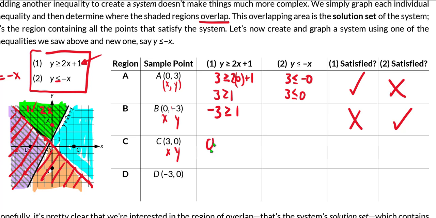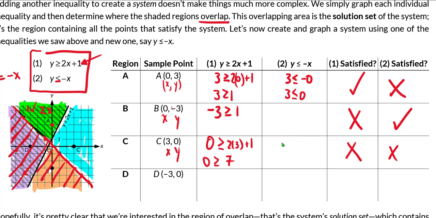When we send 0 in for y and we send 3 in for x, that is going to be 0 is greater than or equal to 7. And last I checked, that is not true, which means, again, inequality 1 is not satisfied. Inequality 2, sorry, my fault, once again. Inequality 2 will also not be satisfied.